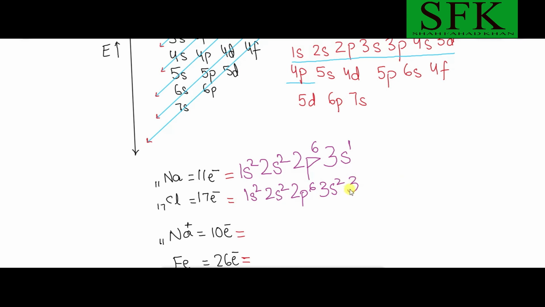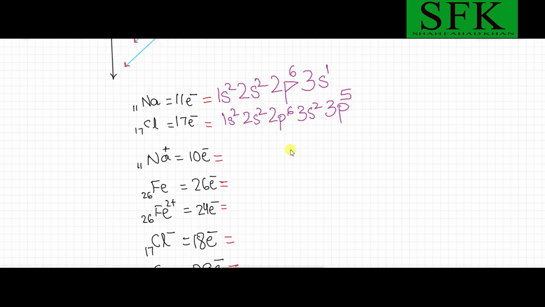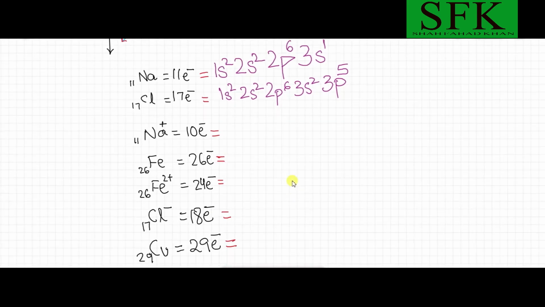After the 3s comes the 3p orbital. 17 were the total, so 5 electrons are left. The 5 electrons can be accommodated in the p orbital because p has a maximum of 6 electrons. So this is the electronic configuration for the chlorine atom, with 17 electrons.